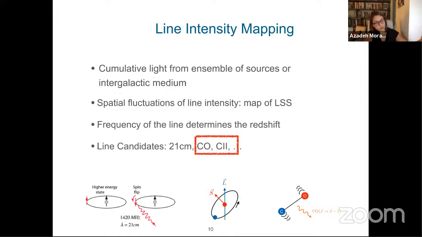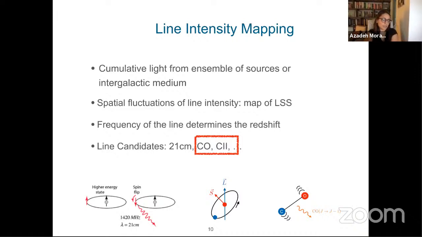Of course, we know more about the 21 centimeter line, which corresponds to the spin flip transition of neutral hydrogen. But there are additional lines like CO, a rotational line of carbon monoxide, which corresponds to multiple rotational lines, the CO J to J-1 lines.